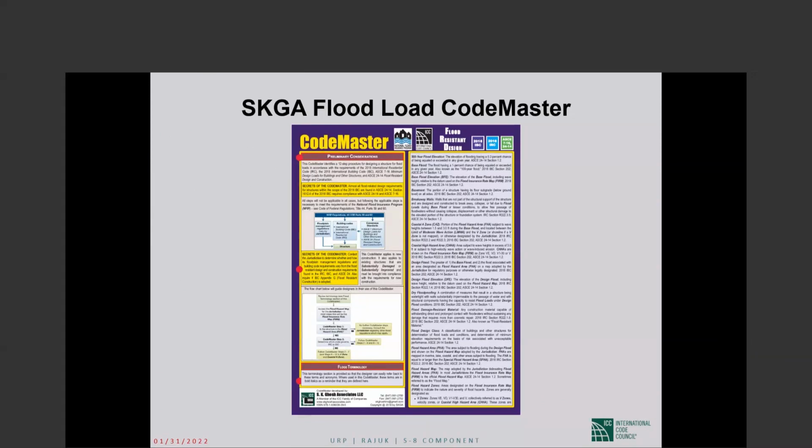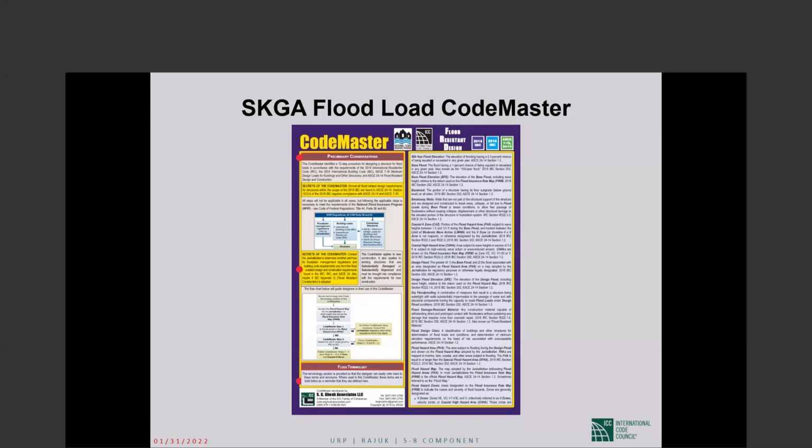Our company publishes the so-called Code Masters, and we have one on flood loads that I had done by the chair of the flood committee of ASCE 7. And here he explains how to calculate F sub A. So it's not easily available information.